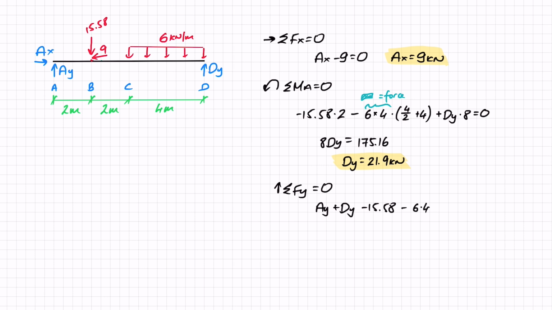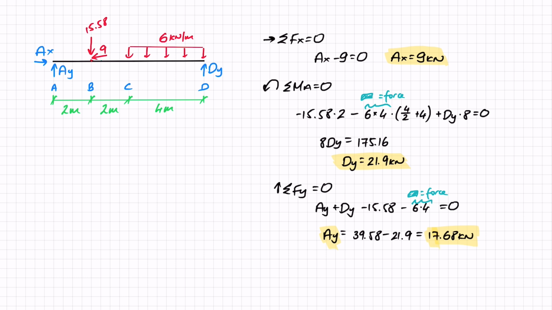And just a reminder here, that is the area, which equals the force. And all of that sums up to 0. So AY is going to be 39.58 minus DY, which we already calculated as 21.9, and that equals 17.68 kilonewtons.